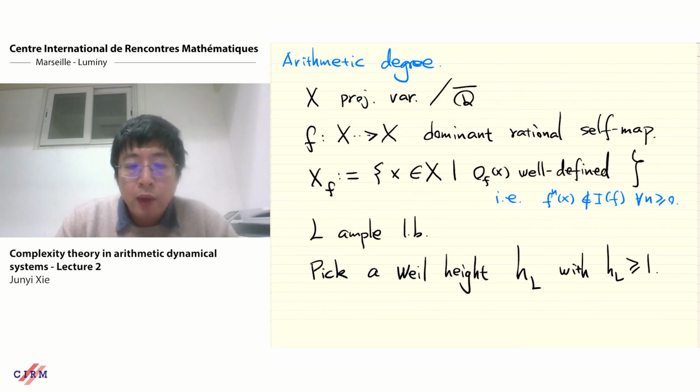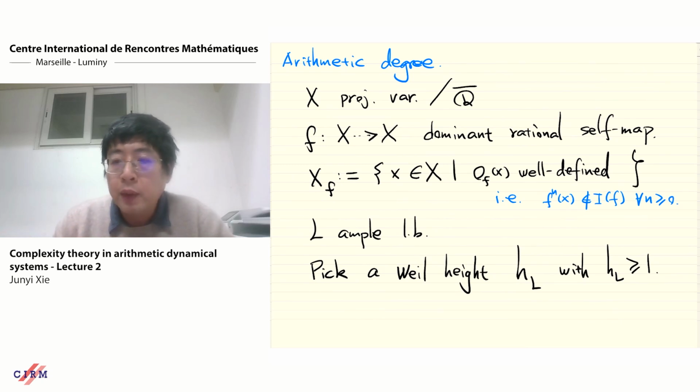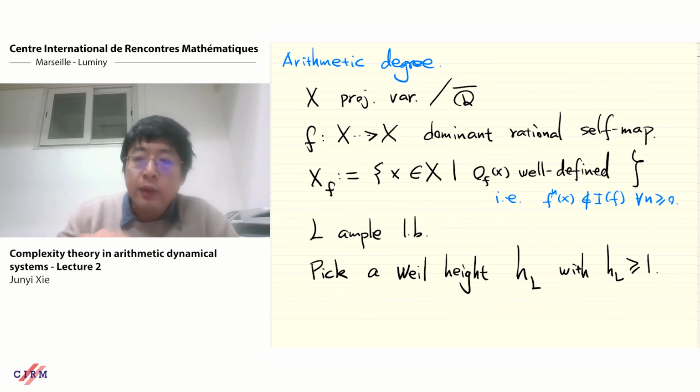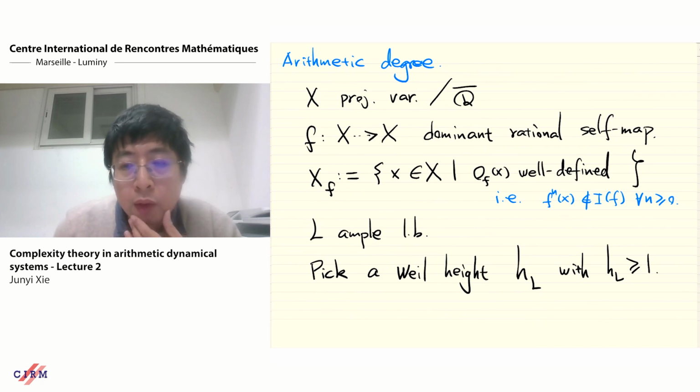Okay. Now we fix L an ample line bundle, and we fix a height h_L. For a height you can always add some O(1), so for simplicity, we can always add some positive number to assume that h_L is greater than or equal to 1.